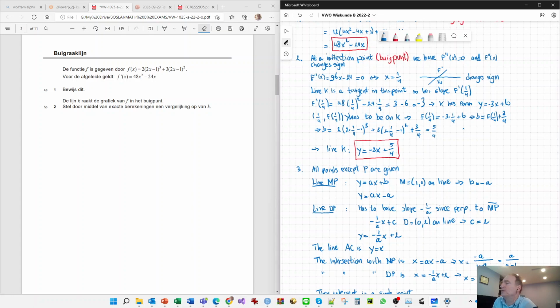And that's again some calculation. You could even do it on your graphic calculator and then figure out what this fraction should be. And what you find is 5/4. So we know what b is, and now we know the total expression of the line they were asking for.